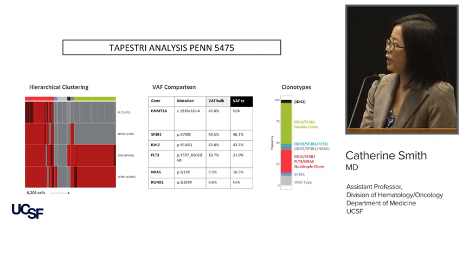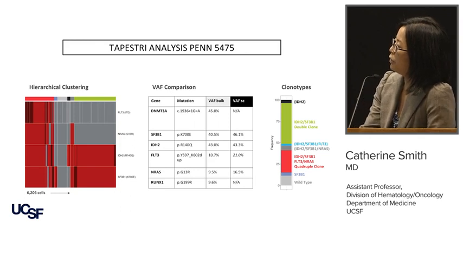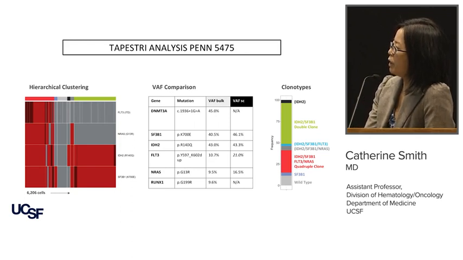You'll first note that, again, the variant allele frequencies obtained from bulk sequencing compared to the variant allele frequencies obtained from single-cell sequencing are very similar. And then you'll notice that at the time of relapse, there appear to be two dominant populations.